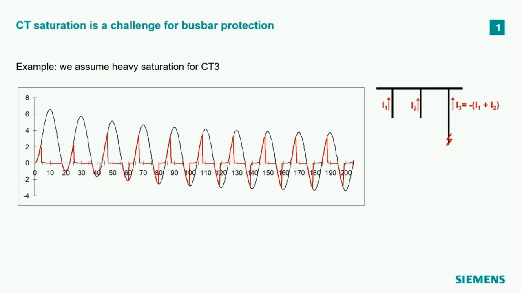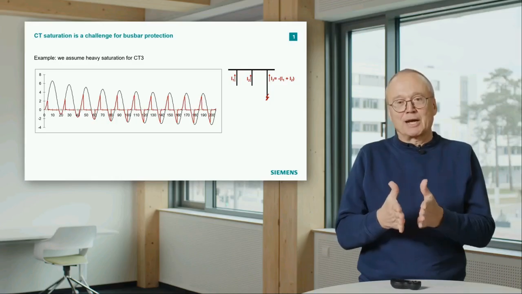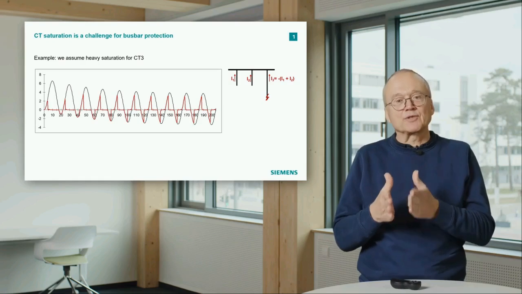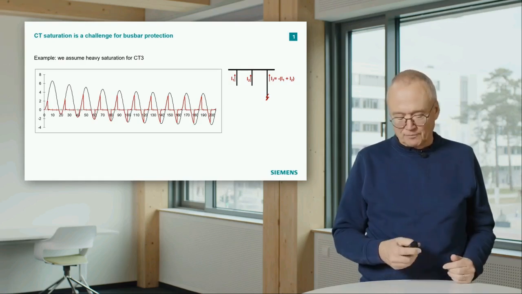You see here in black the current it should show, but after a few milliseconds it says, oh, too much current, output is 0. To make it simple, we can say after some time the output of this current transformer is 0.